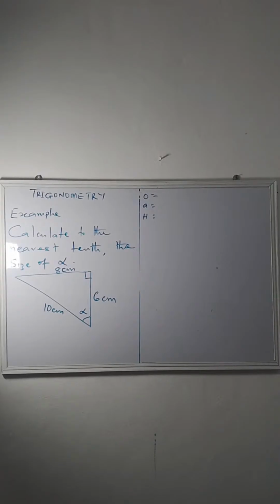Okay, A is 6 centimeter, and H is 10 centimeter. Which one is the last one? O is opposite, O is 8 centimeter. Can we wait for others? Let's wait for others.